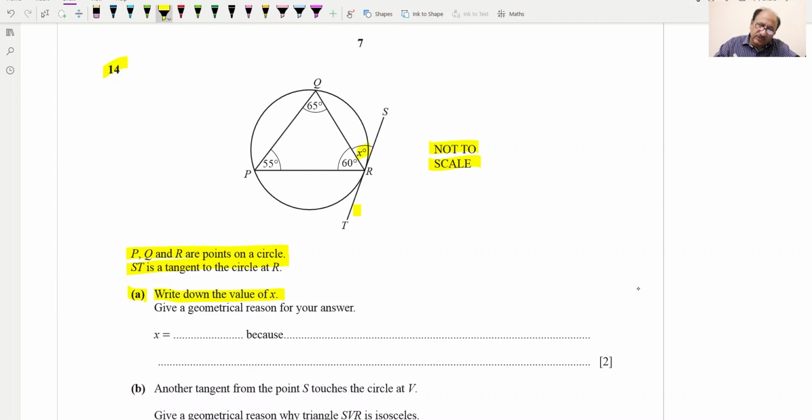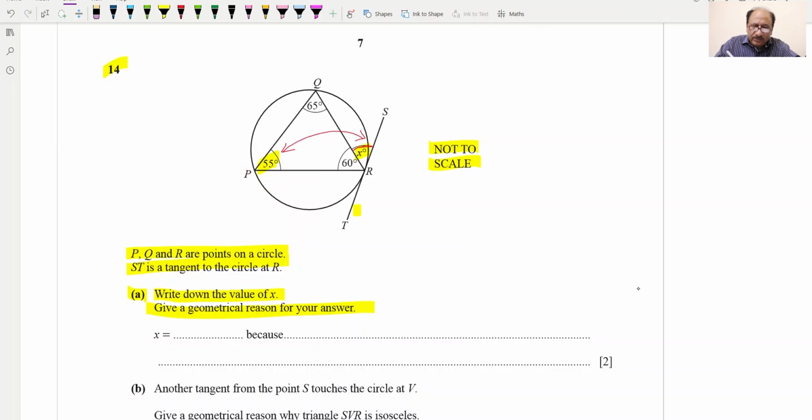Where is x? This is x. Give a geometrical reason for your answer. So x will be equal to 55. Why is this equal to 55? Because by the alternate segment theorem, this angle x will be equal to the remote interior angle of this triangle.